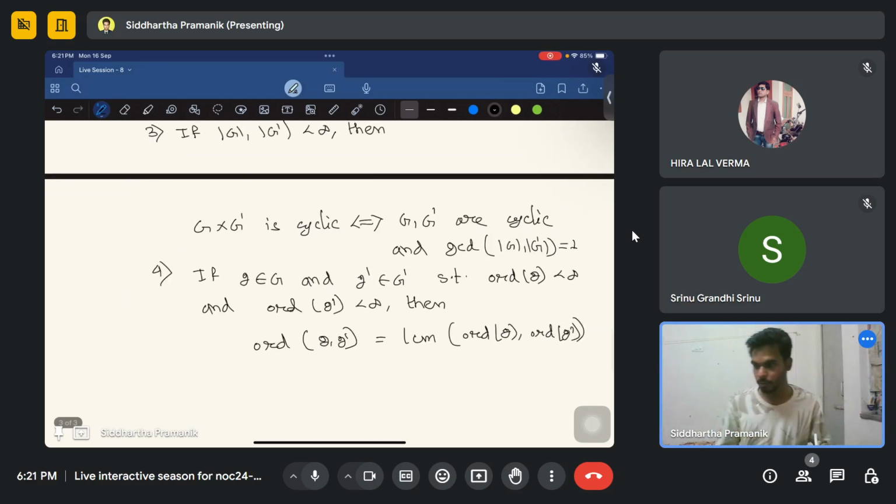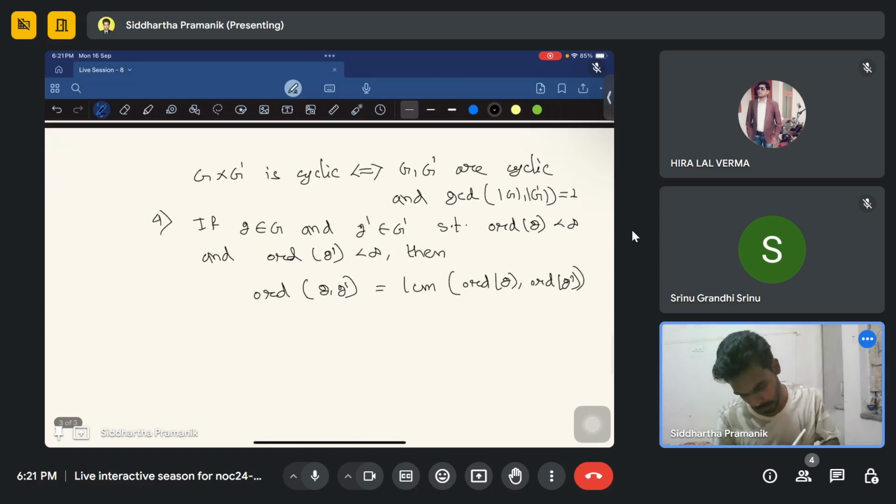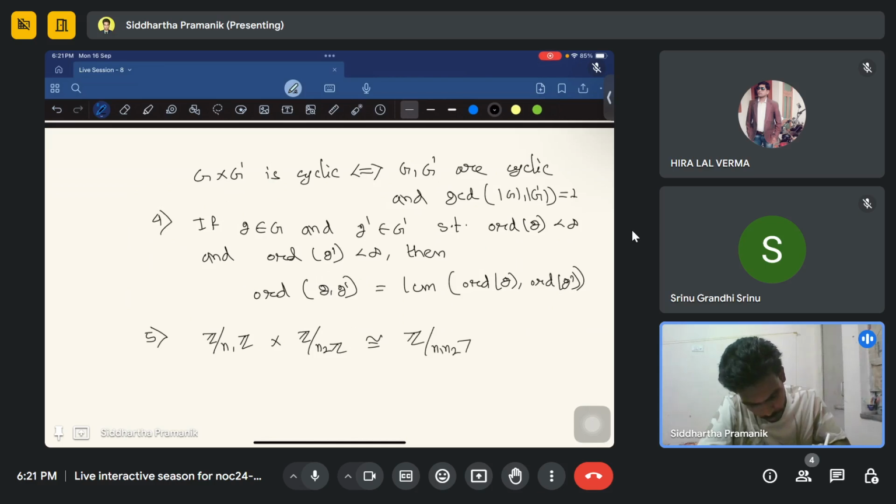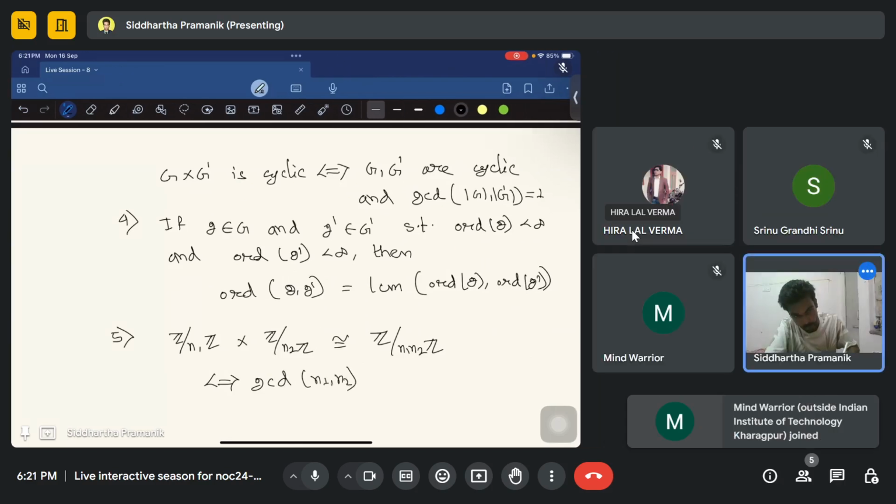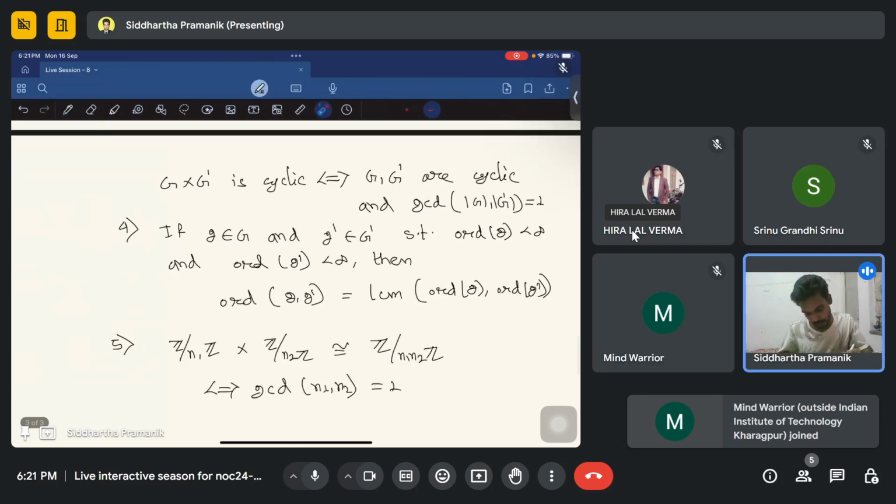Also one last thing, if we take the product of Z mod N1 Z with Z mod N2 Z, then this is isomorphic to Z mod N1 N2 Z if and only if the GCD of N1 and N2 is 1. So these are the 5 properties I want to mention.